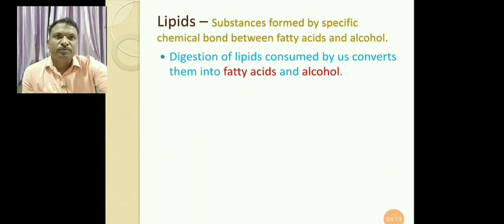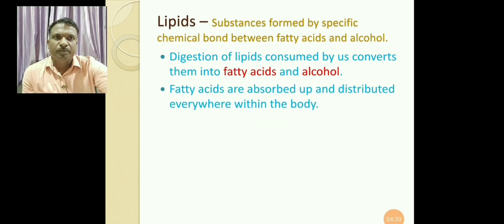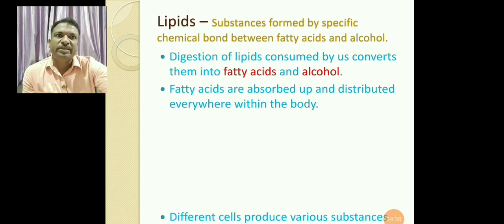Now the next food component is lipids. Lipids are the substances formed by a specific chemical bond between fatty acids and alcohol. After digestion, lipids are converted again into fatty acids and alcohol. The fatty acids are absorbed in blood and distributed everywhere within the body to every organ and every cell.